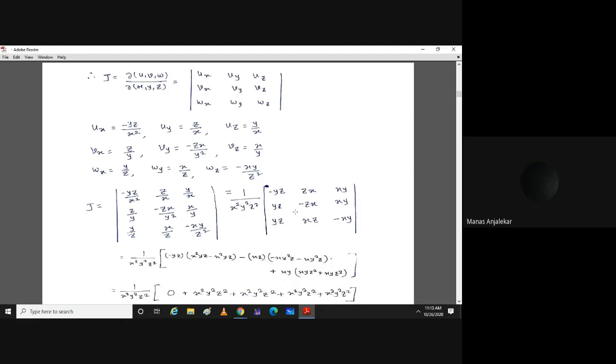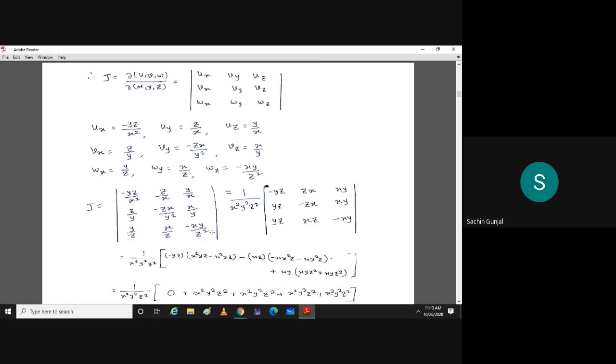Yes, sir. Okay, if you take 1 by x square from the first row, this row will become minus yz, zx, xy. Then 1 by y square from the second row, it will become zy, minus zx, and xy.